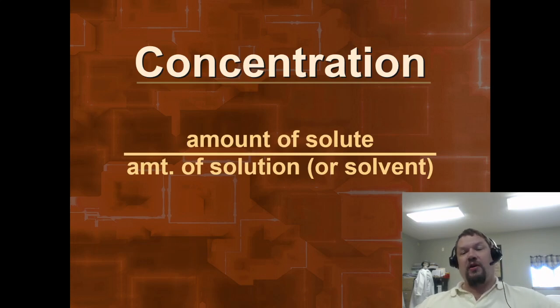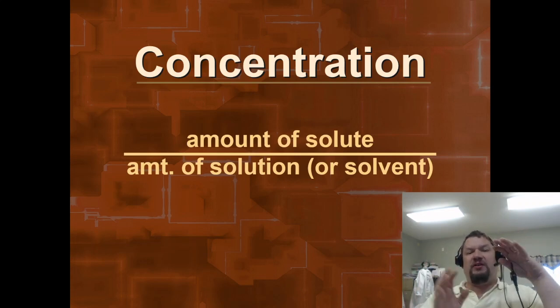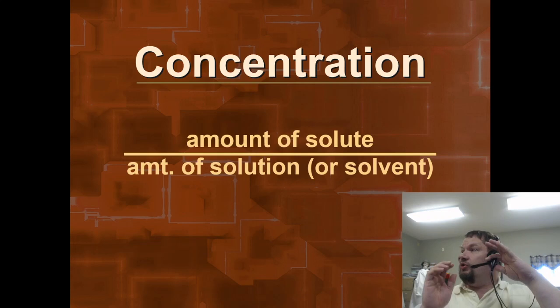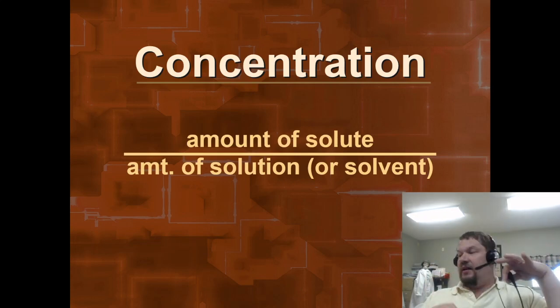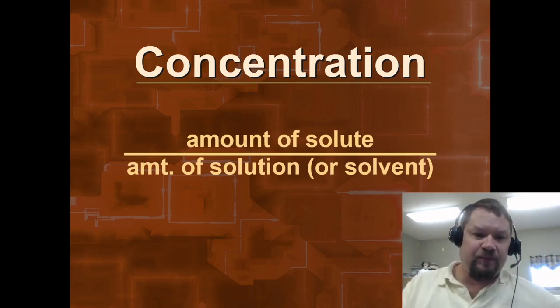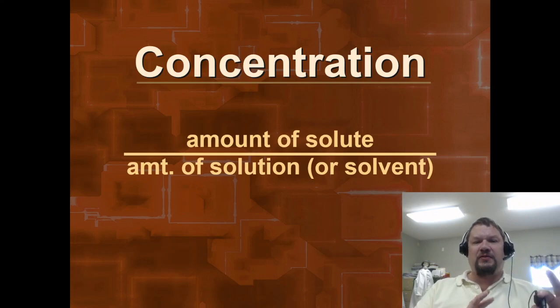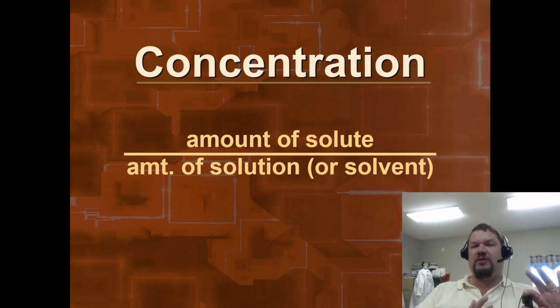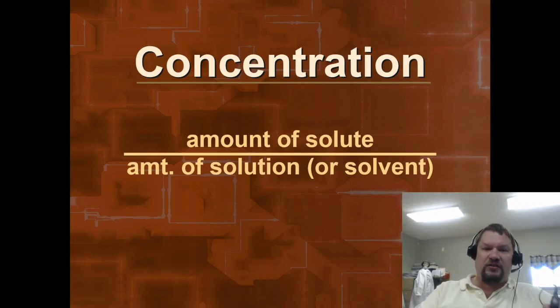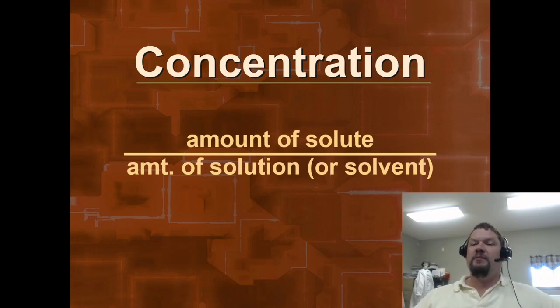The most common are percent by mass, molarity, and molality, and each one has its own advantages and unique uses. Amounts may be expressed in grams or moles, and sometimes we're talking amount of solvent, sometimes amount of solution, but most of these are pretty common, and you ought to be able to do them pretty easily without too much trouble, I would think.